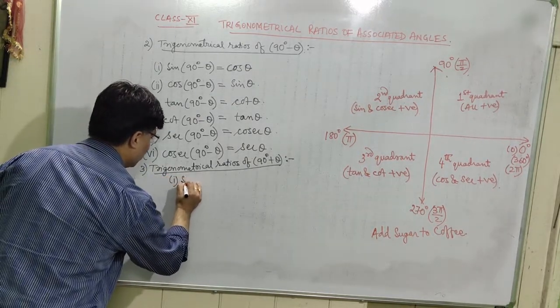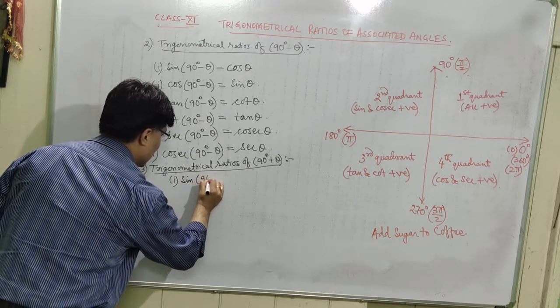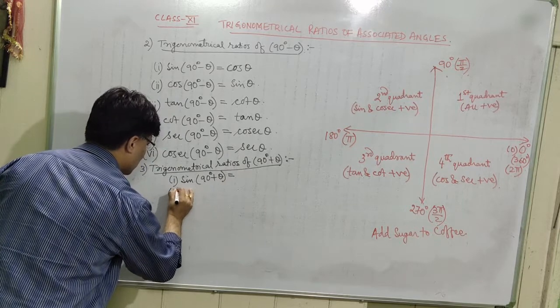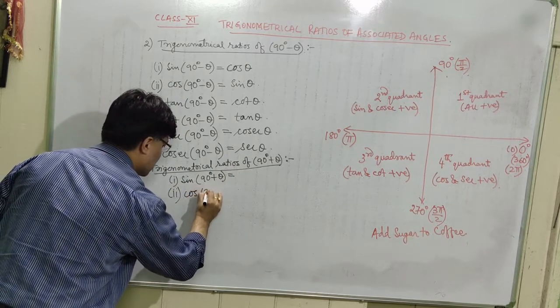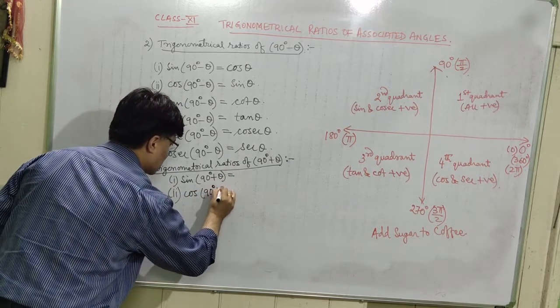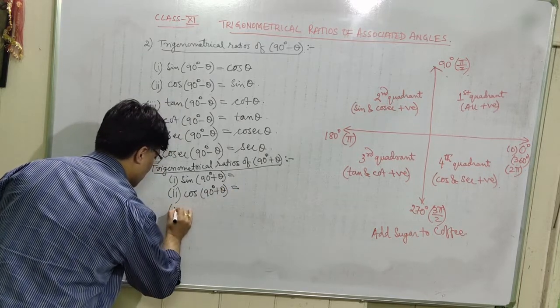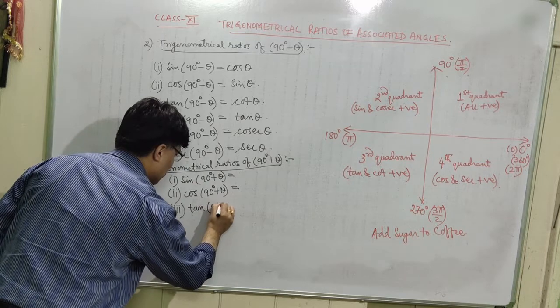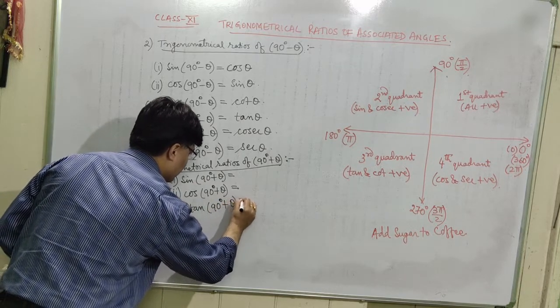So let us write down the formula now. Number 1, sine 90 degree plus theta. Number 2, cos 90 degree plus theta. Number 3, tan 90 degree plus theta.